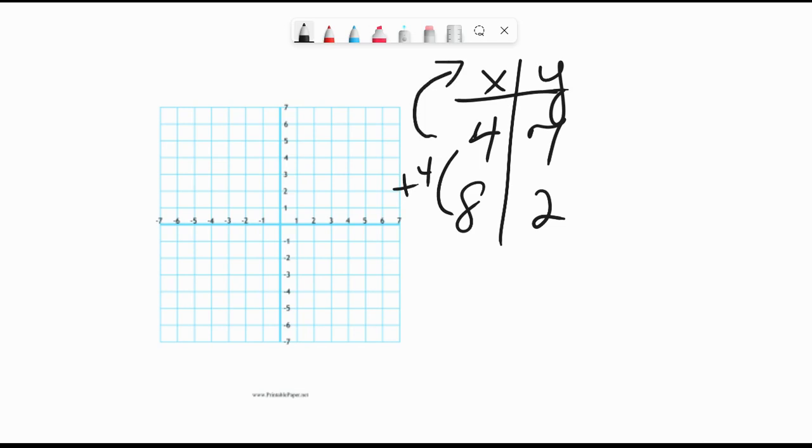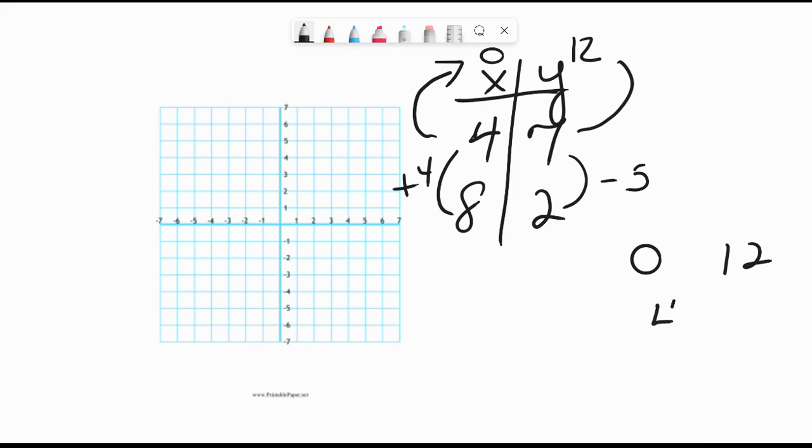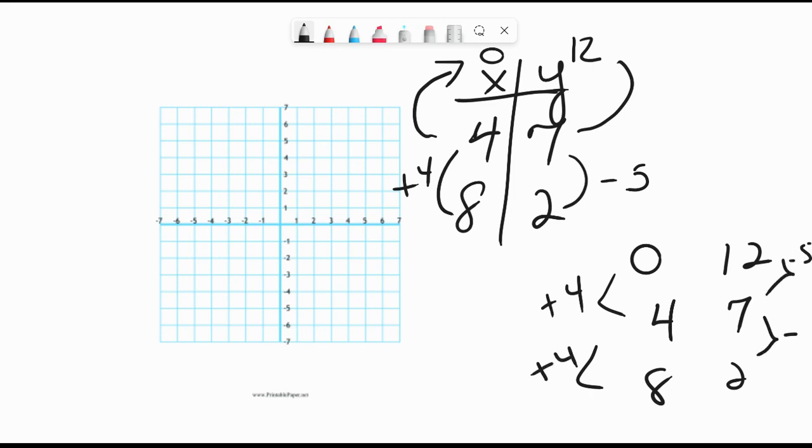So if I subtract 4 and go in the opposite direction, I would get to 0. Just following the pattern, here I'm subtracting 5. So if I follow this pattern, I would add 5 and I would get 12. So I'm hoping you can see that pattern. It looks like this: 0, 12, 4, 7, 8, 2. On this side, I'm adding 4. And on this side, I'm subtracting 5.